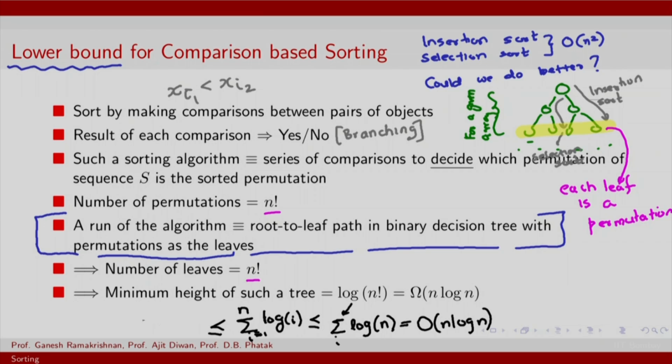So I know that this summation is greater than or equal to the summation from i equals n by 2 to n of log of n by 2, and if you expand this, this is nothing but omega n log n. The log of n by 2 is log n minus log 2, and that just gives you n by 2 log n minus n by 2 log 2. So this is omega n log n.